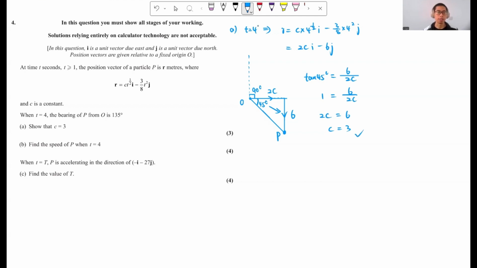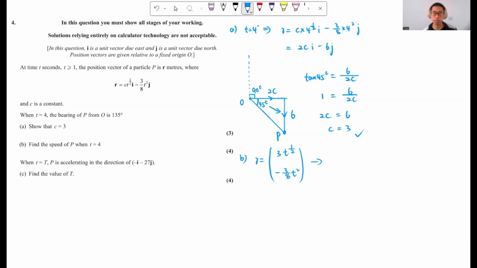And then part B, find the speed of P when t equal to 4. Speed is the magnitude of velocity, so we need to find the velocity vector. We know r is equal to, let me just use a column vector, it's easier to see, 3t to the power 1/2 and then minus 3/8 t squared.